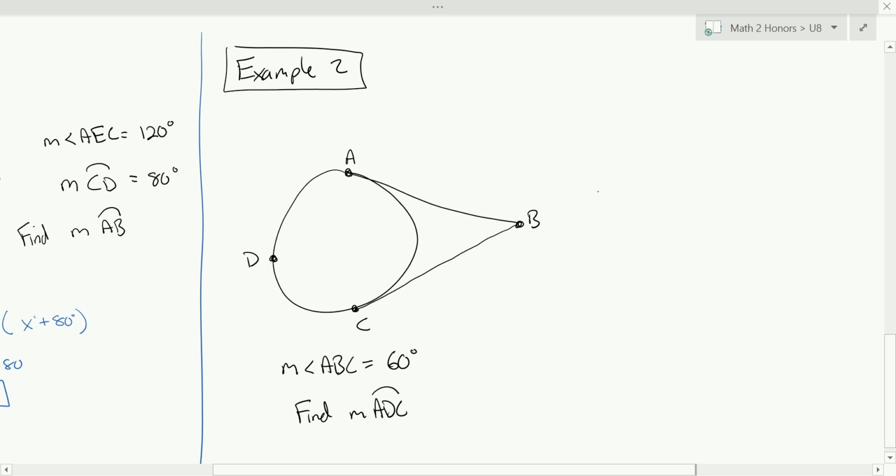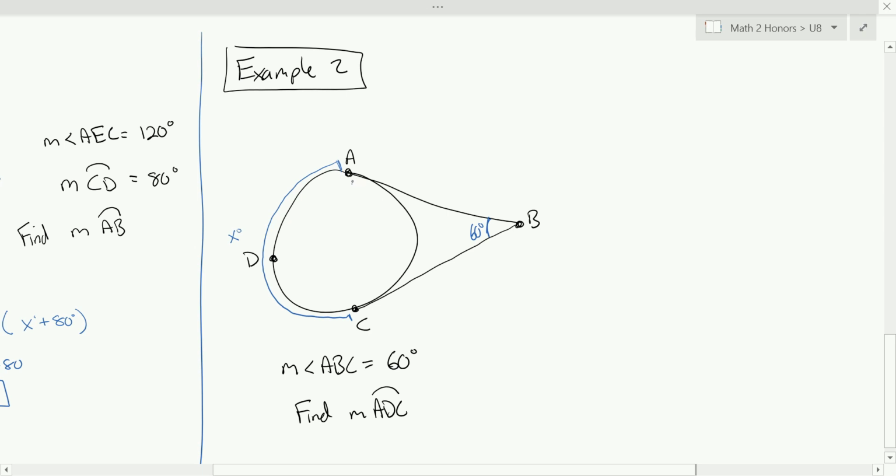All right, so on this one, we got 60 degrees given to us. And we're looking for the measure of the arc from A to D to C. So x degrees out here.